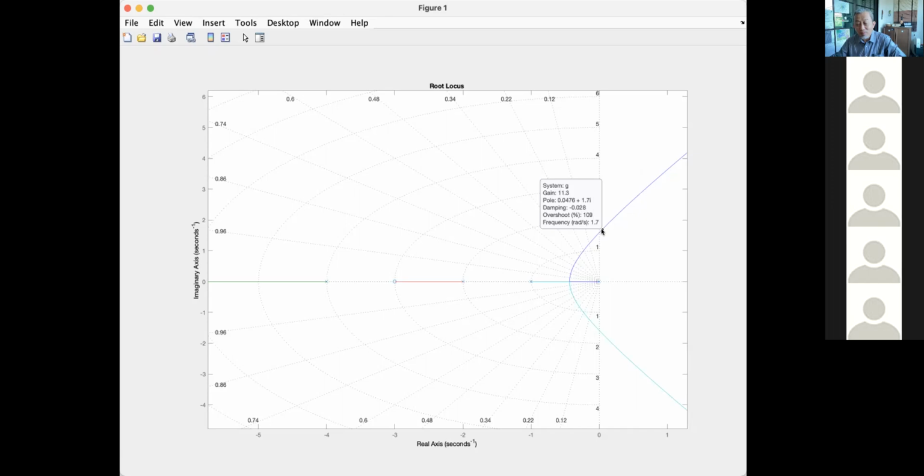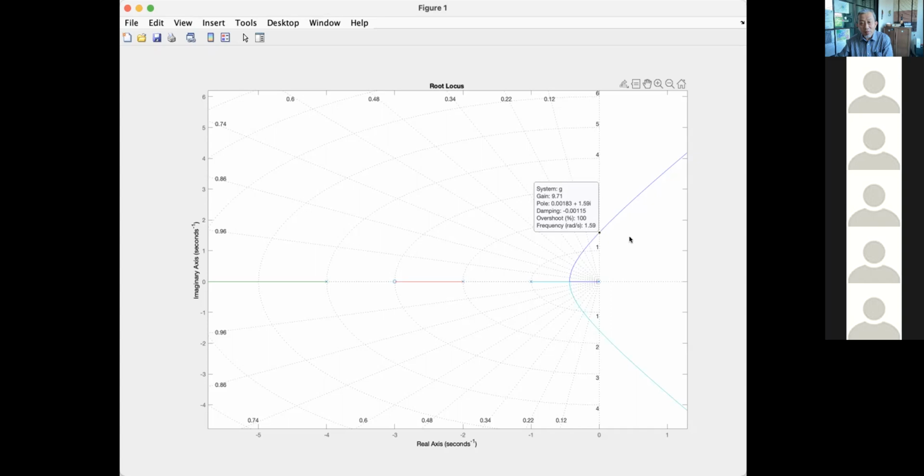So one point. This one. One point, 1.65. Okay, is that right? It's actually 1.62. But the damping is still negative. 1.59. Okay, you can see there.